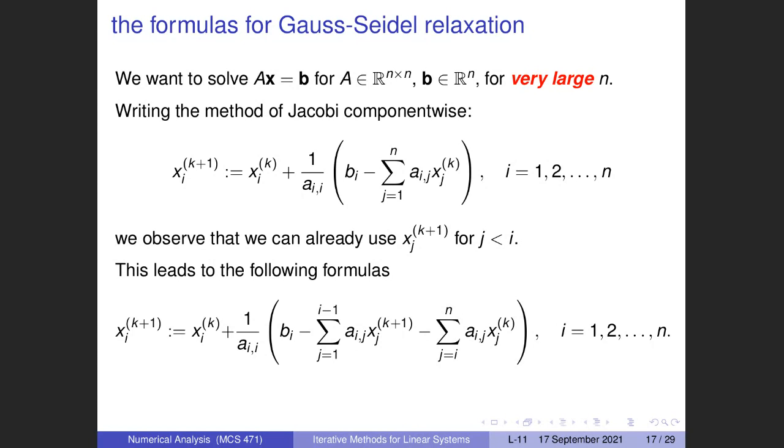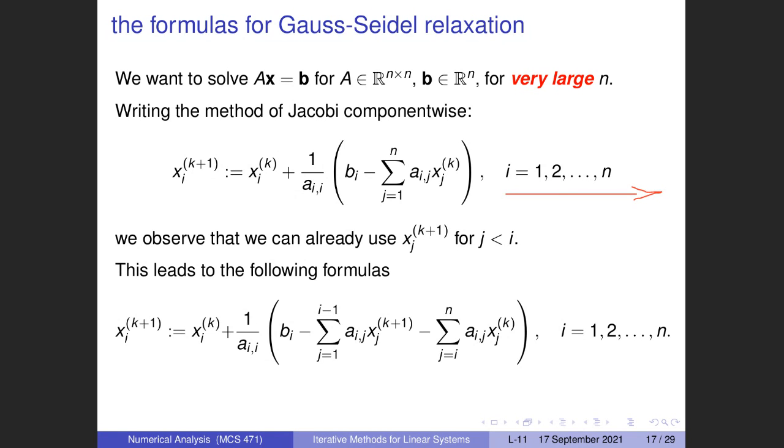If you forget about the fixed point iterations for a while, we start with the method of Jacobi again, but now we write it component-wise. So when we run this method, we run this for i that is increasing. If we do this for i equals 1, then when we compute the second component for i equals 2, we actually have a better value for the first component.